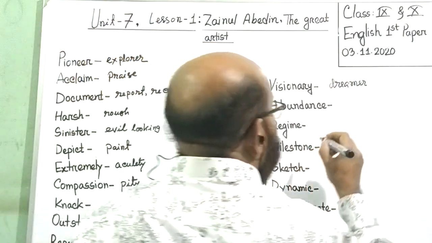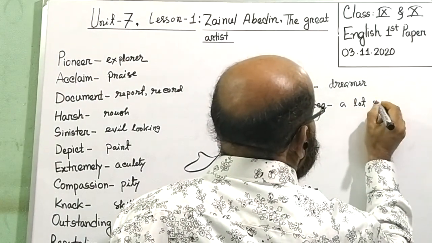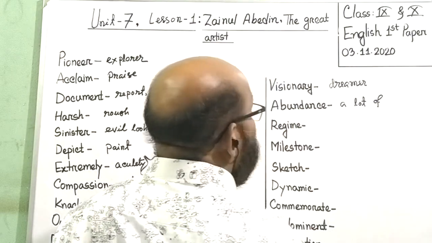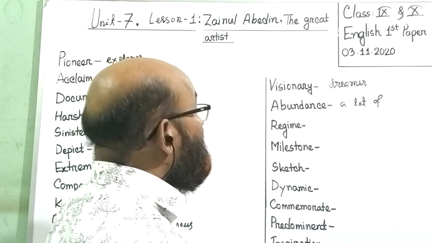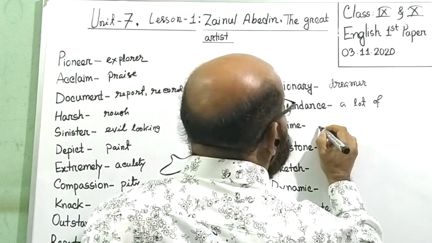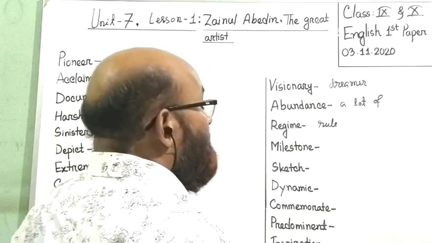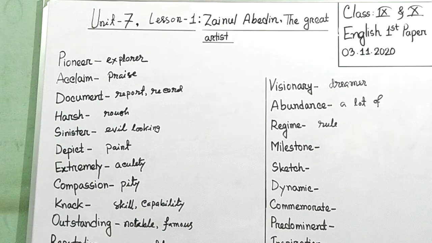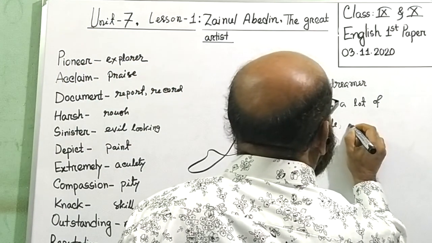Abundance means a lot of or in plenty of, etc. Regime means rule or reign.